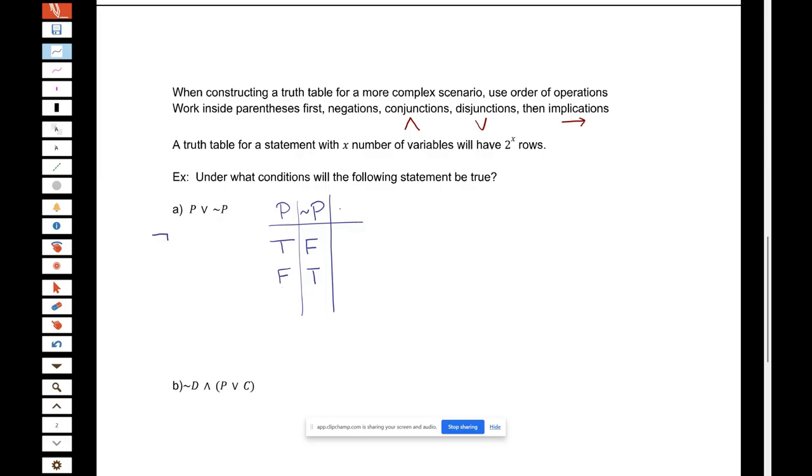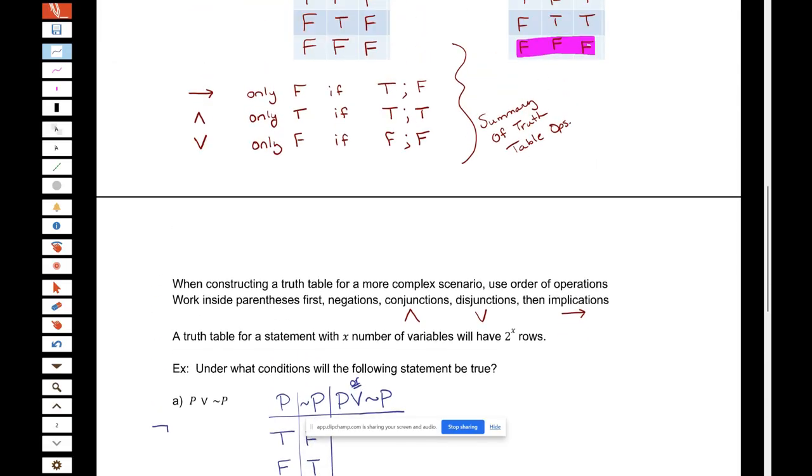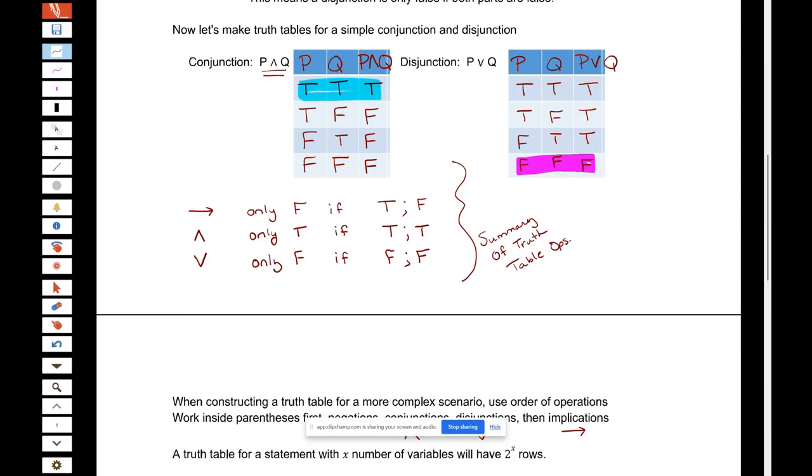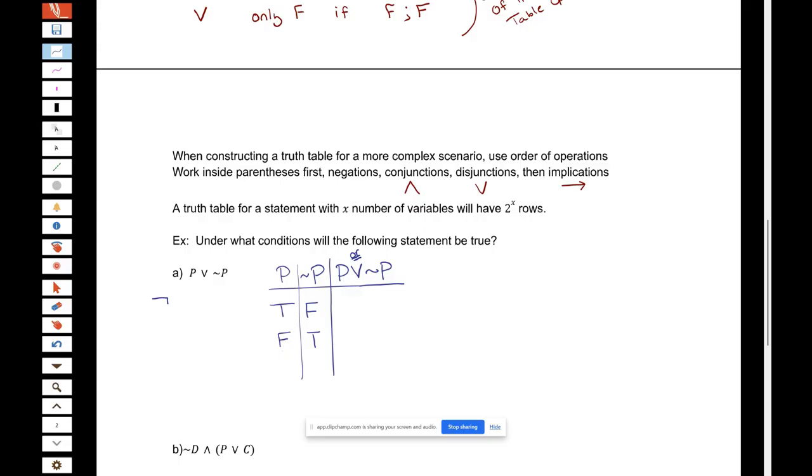And then finally, we'll do P or not P. Until you get really familiar with the symbols, you might want to write the word above it. So remember, an or statement is only false if neither thing happens. Well, if we look here, we don't have a false. So we have at least one thing happening in both cases.